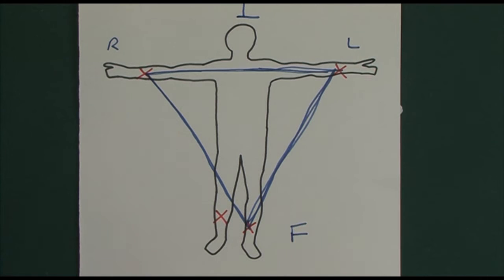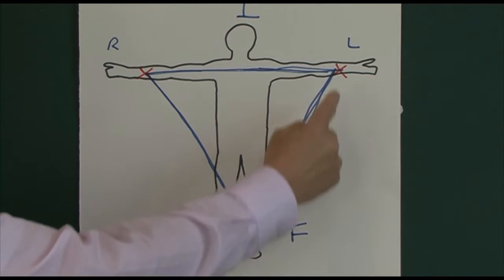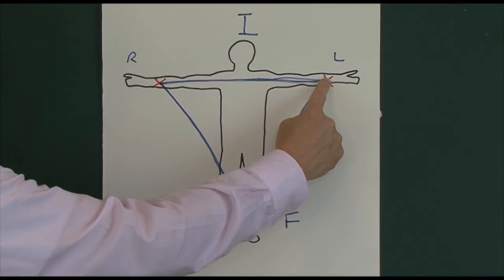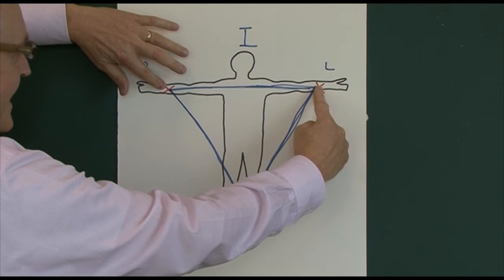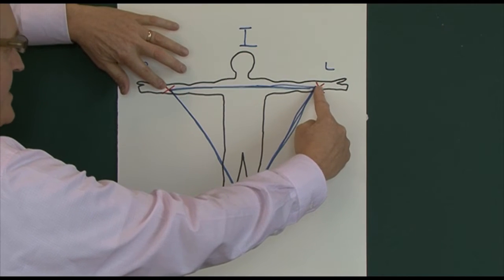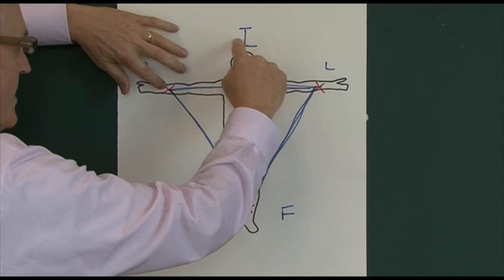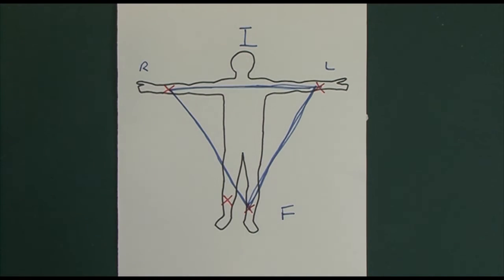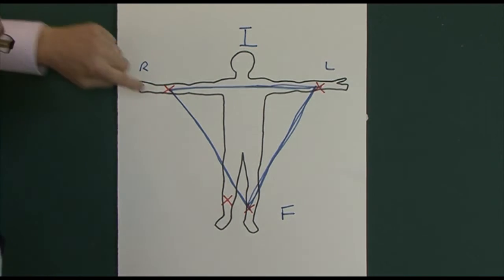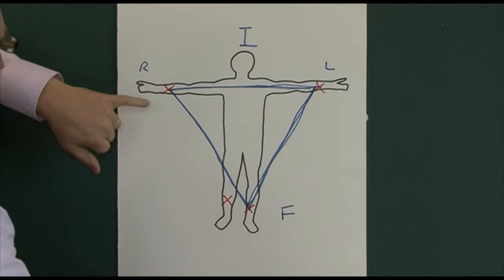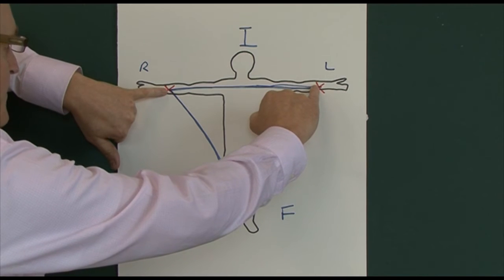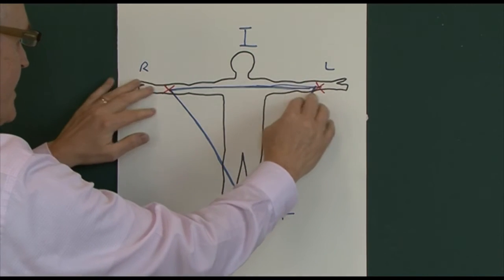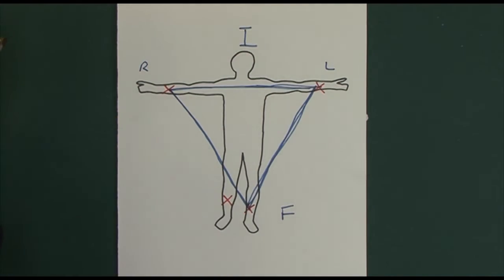Now what the ECG machine does is it's very clever, and it takes part of the information that it's picked up here, part of the information that it's picked up here, and it cleverly and electrically combines it into one view. So lead 1 is called a dipolar lead. There's 2 poles. So information is picked up from there, it's picked up from there, the machine splices this information together and gives us lead 1.